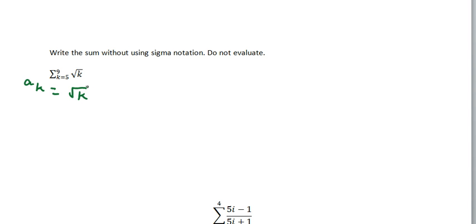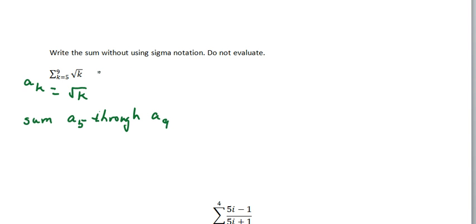In other words, the general term of the sequence is the square root of k. And we are going to sum the 5th through the 9th term this time.